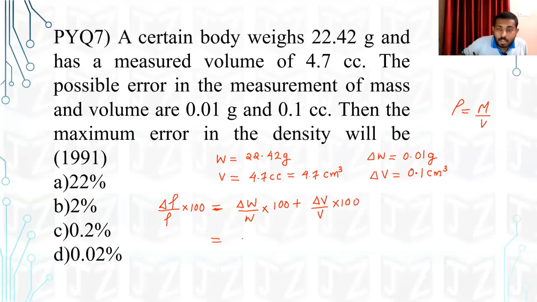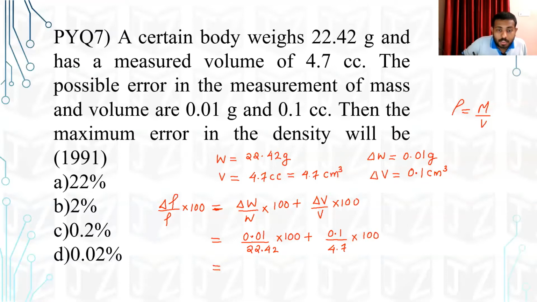By substituting the values we get 0.01 divided by the original measurement 22.42 into 100 plus, for the volume, the error is 0.1 and the original value of volume is 4.7 into 100.